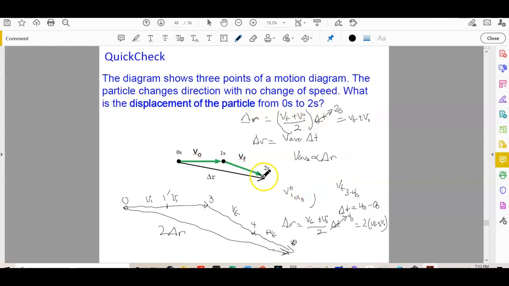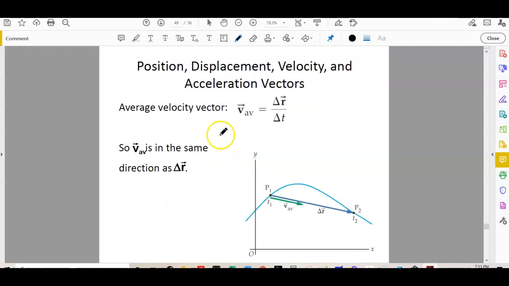Anyways, this is how you find a particle's displacement vector, okay? You're basically doing a vector manipulation algebraically using the equations of motion, and there you go. And this is just to emphasize what we just did.